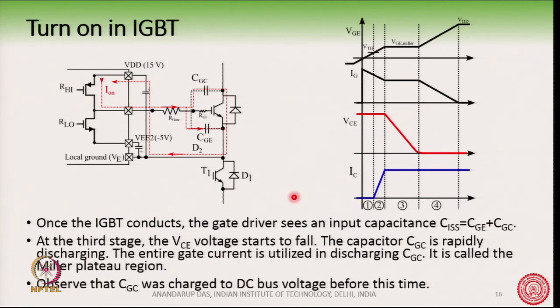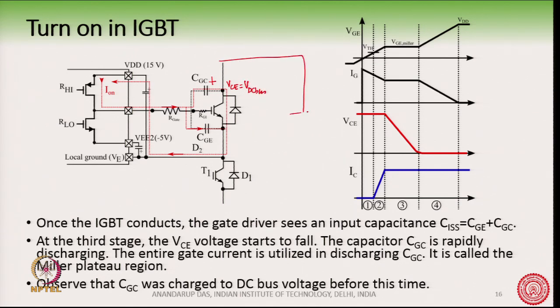You can see that before this stage, this capacitor here is charged to VCE, which is equal to VDC bus.